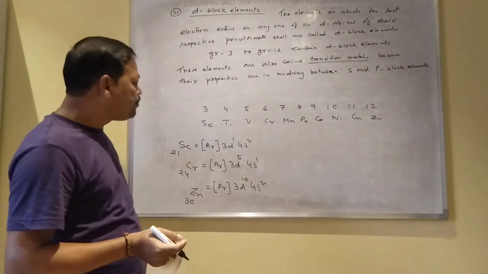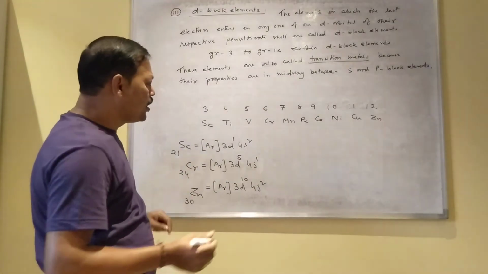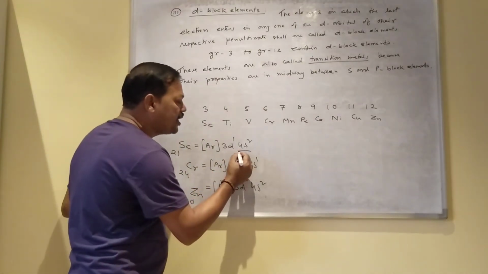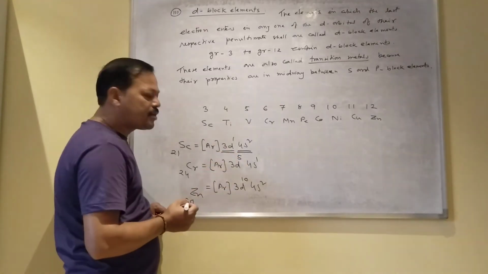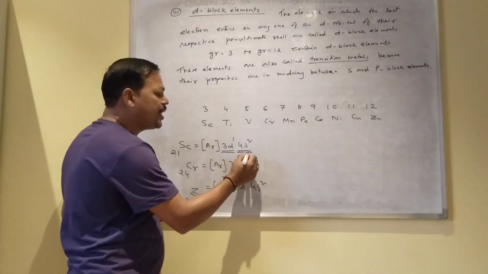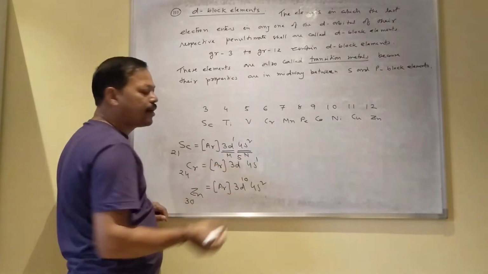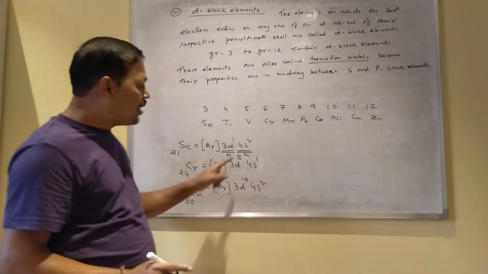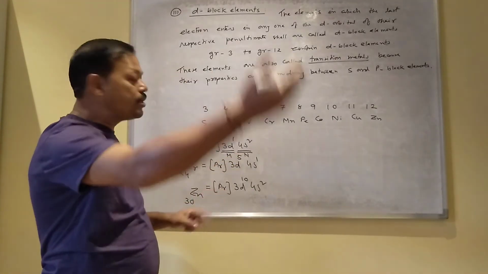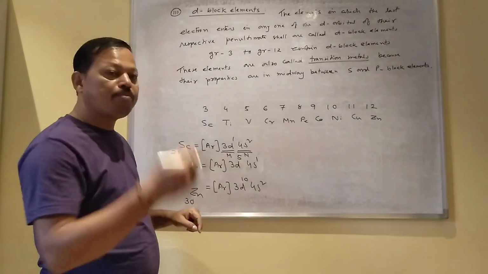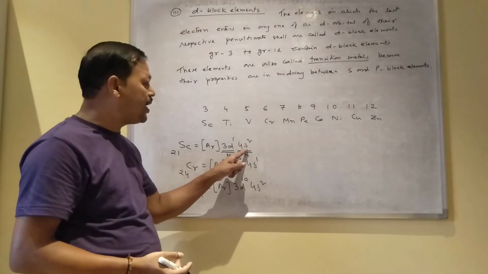Secondly, 4s is present in the fourth cell, and 3d is present in the third cell, I mean the N cell and the M cell. When the last electron enters, here the N cell is the valence cell, the outermost cell, but the last electron is not entered in the valence cell.